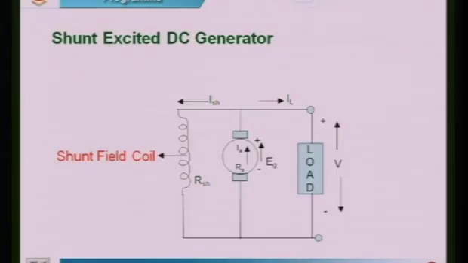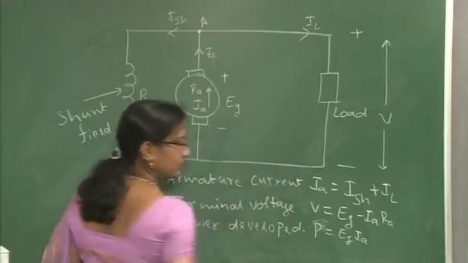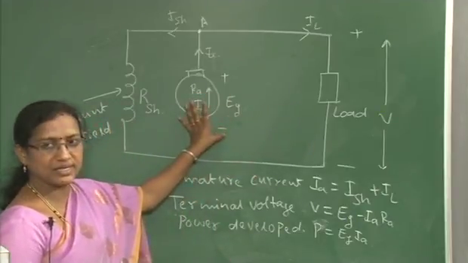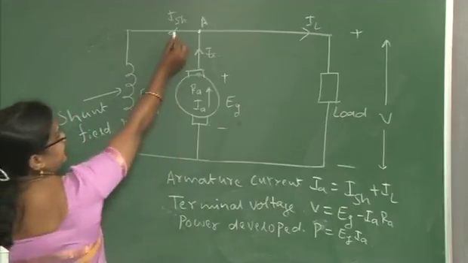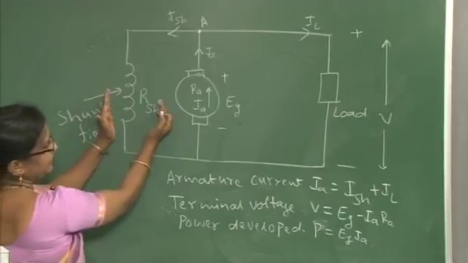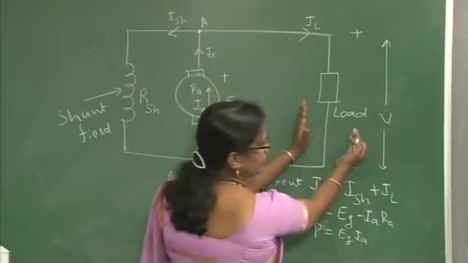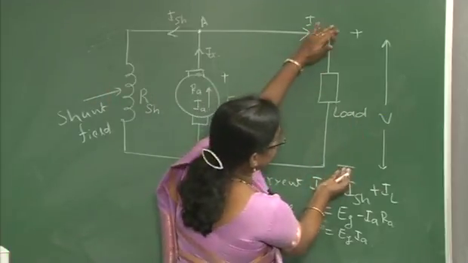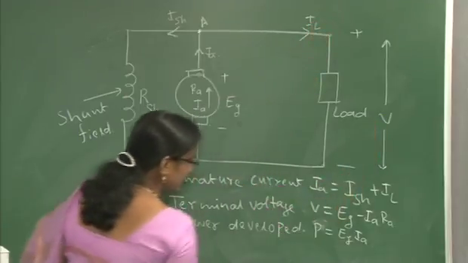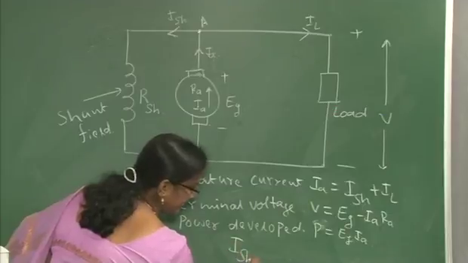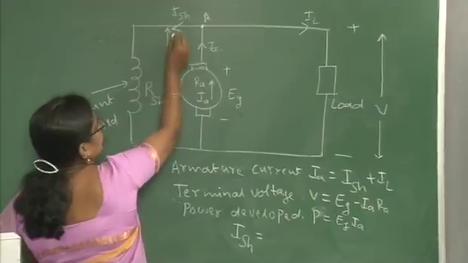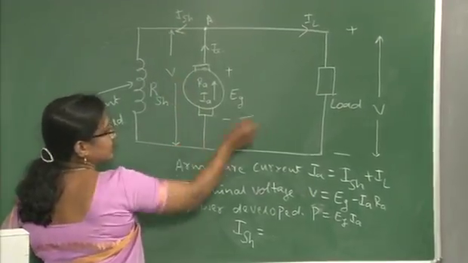And then the power delivered to the load is the same as previous, because the load is connected across this EG. Then when you are going to find the current flowing through the shunt field, see that the shunt field is exactly in parallel with the load, and you know the voltage across this load is the terminal voltage V. So, you can calculate the current ISH by using the equation, since the voltage across the shunt field is the same as the voltage across the load.